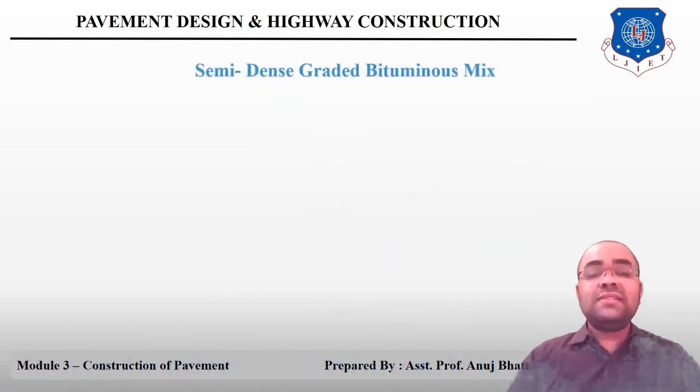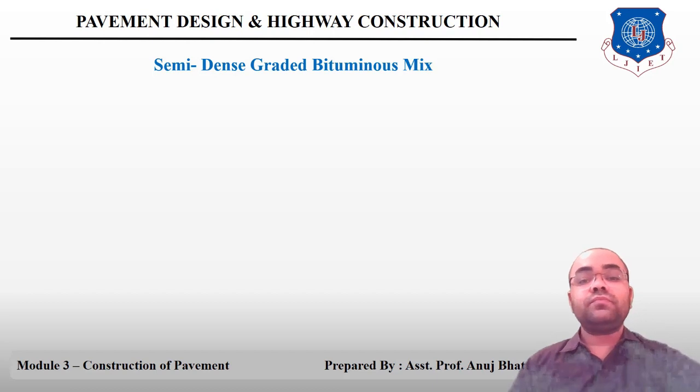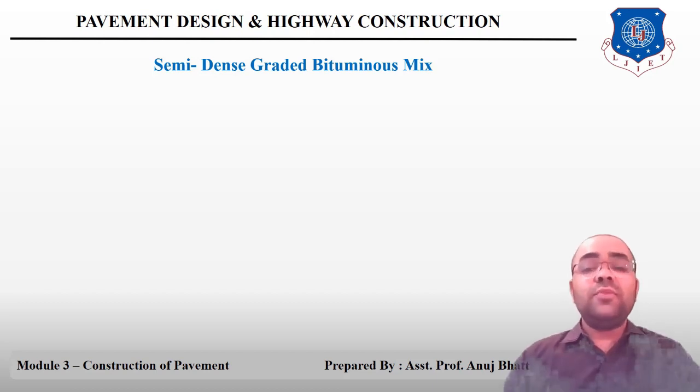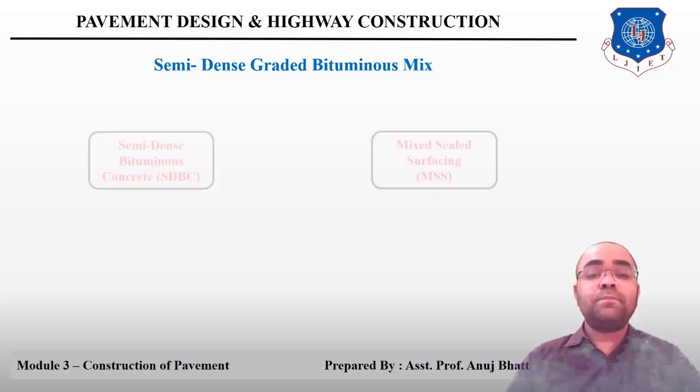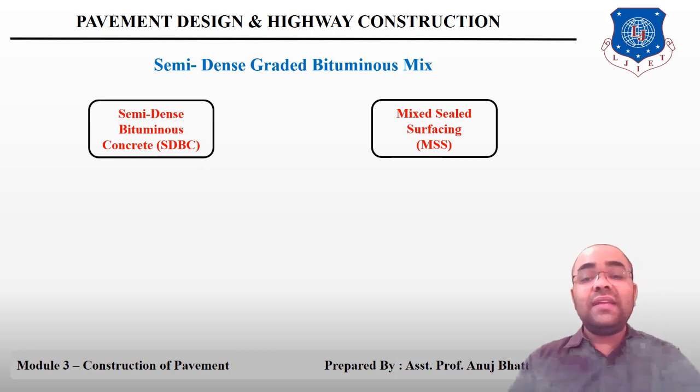Next is semi-dense graded bituminous mix. There are again two types of semi-dense bituminous mixes: semi-dense bituminous concrete, and the next is mixed seal surfacing. So let's talk about the semi-dense bituminous concrete.